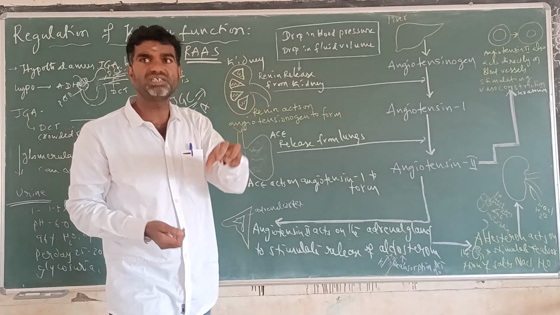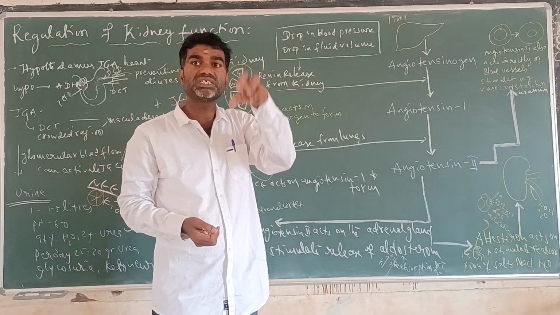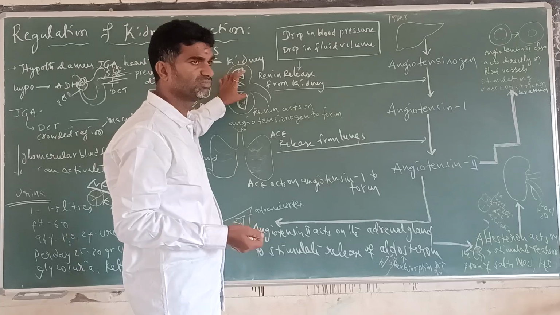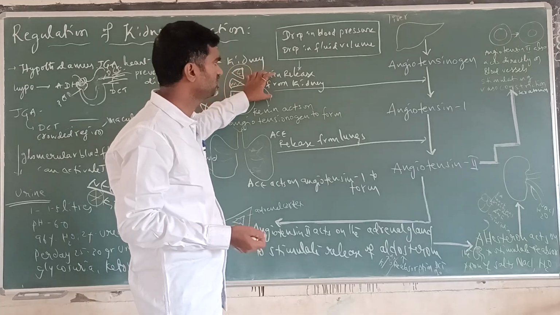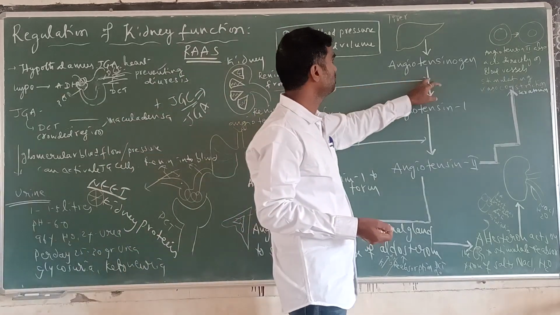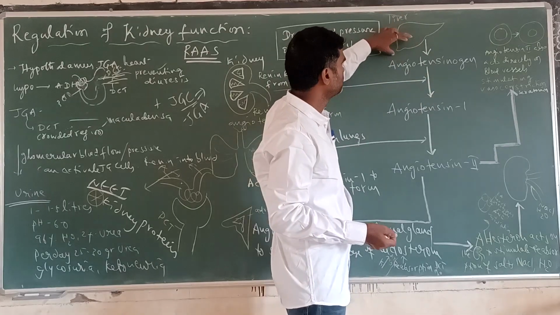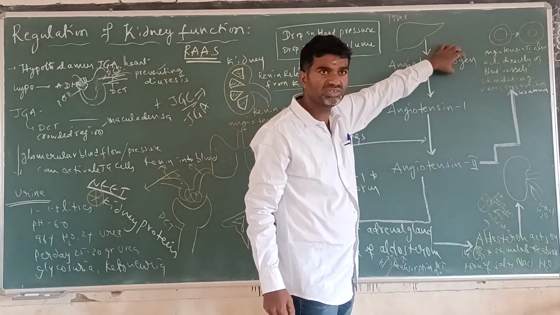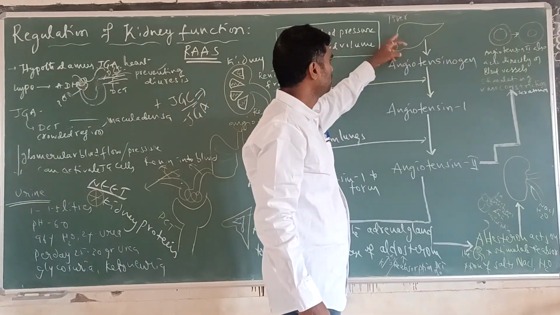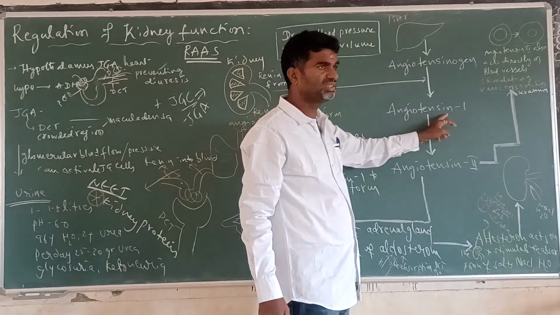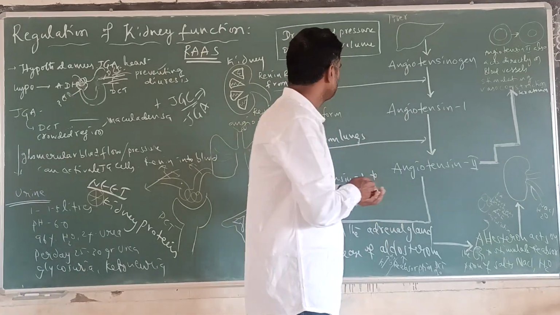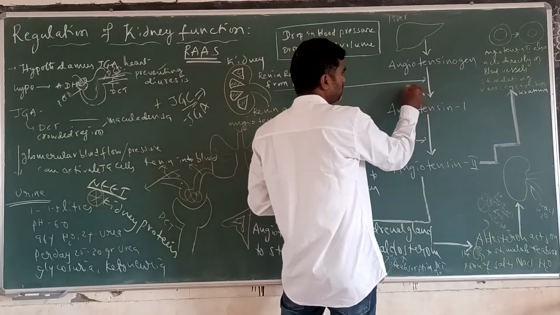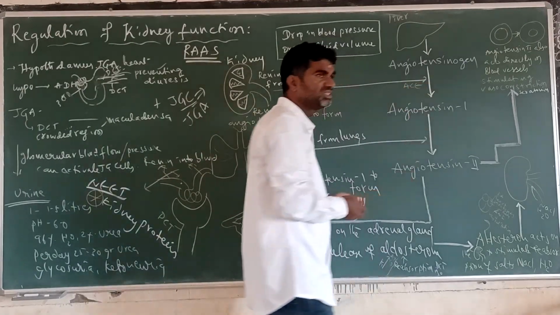When glomerular pressure falls down, the JG cells are activated and release renin. When renin is released here, in the liver, angiotensinogen is present. Now angiotensinogen is converted into angiotensin 1 when renin is released. How is it converted? By ACE, angiotensin converting enzyme.